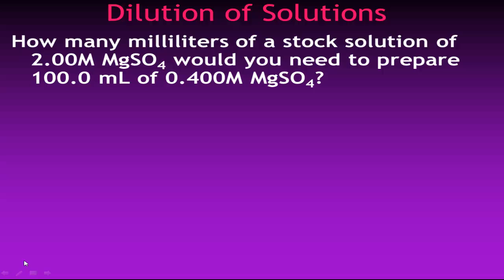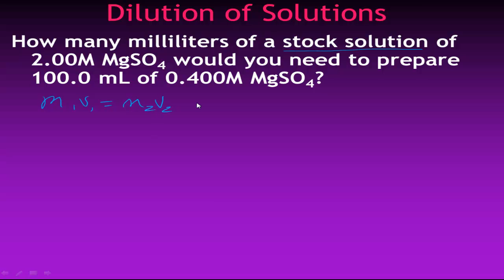How many milliliters of a stock solution of 2 molar magnesium sulfate would you need to prepare 100 milliliters of 0.4 molar magnesium sulfate? So don't worry about the term stock solution. That just means what's in your stock room. And we are doing a dilution, so M1V1 equals M2V2.